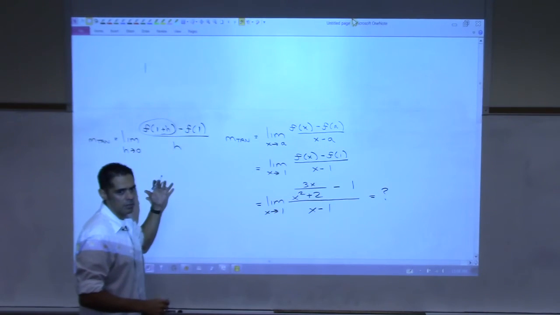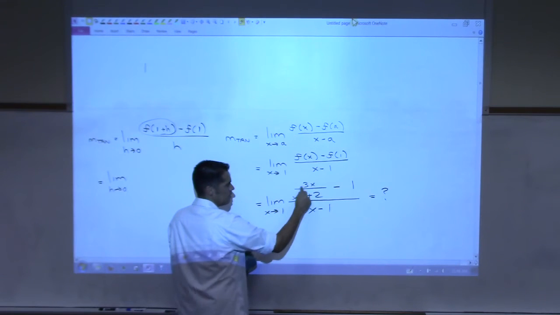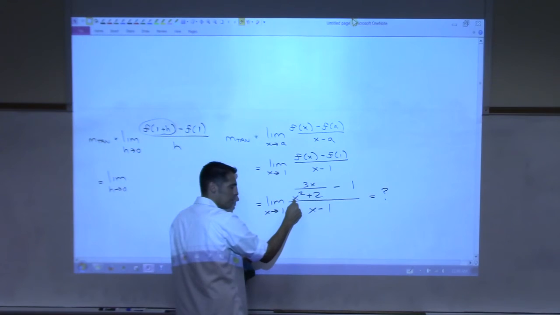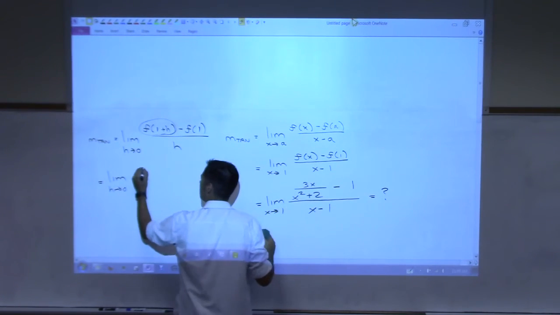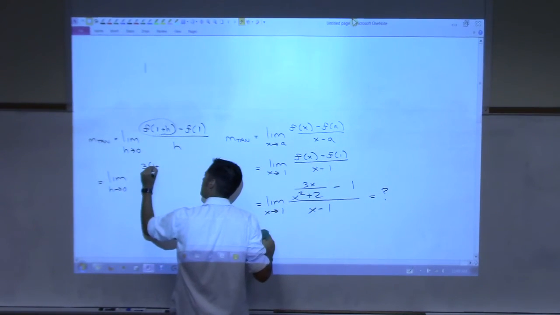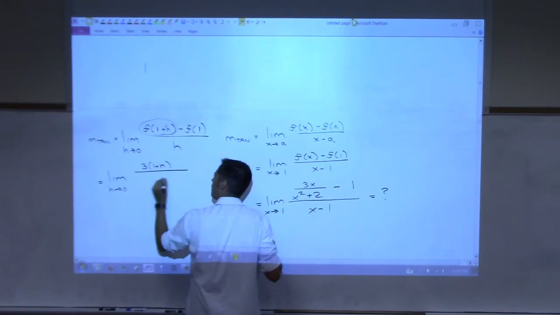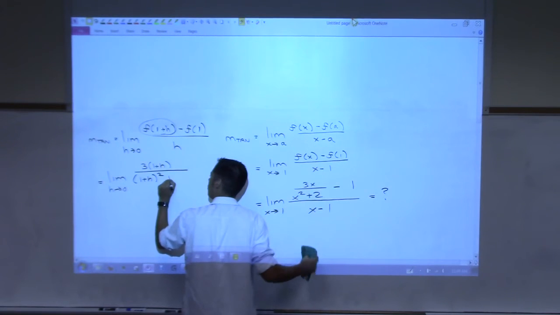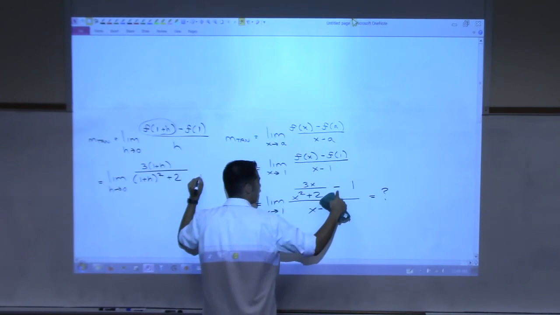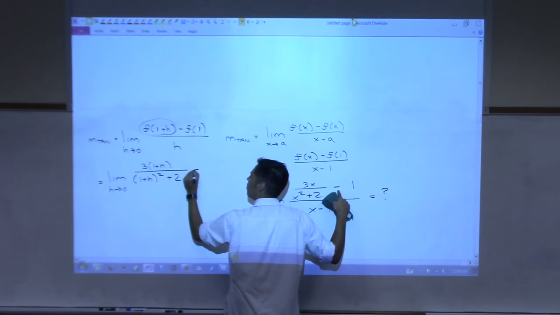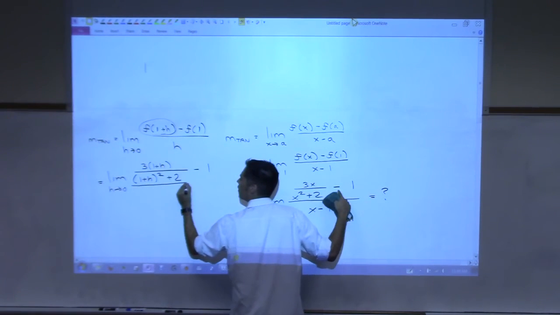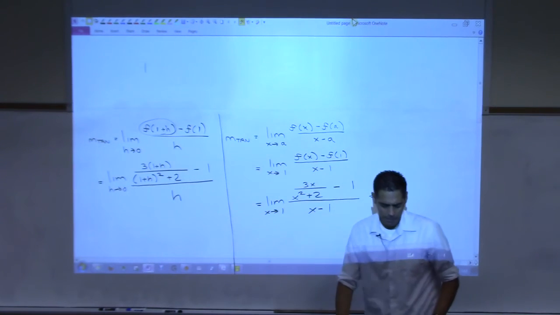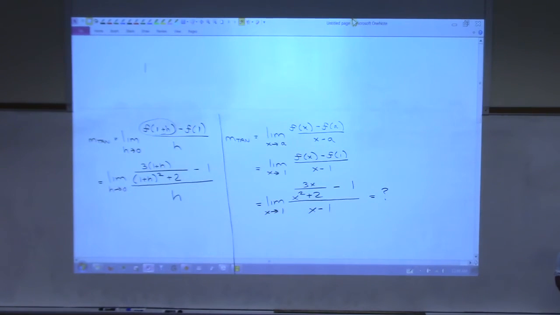So 3 times 1 plus h over 1 plus h squared plus 2. So it'll look like this: 3 times 1 plus h over 1 plus h squared plus 2, minus 1, all over h. There you go. You choose. They both go to 0 over 0.